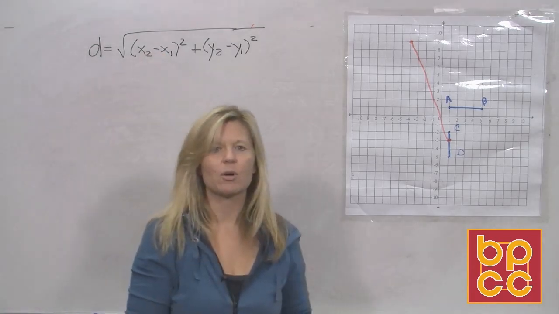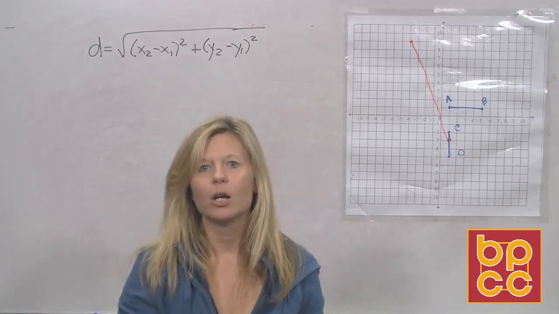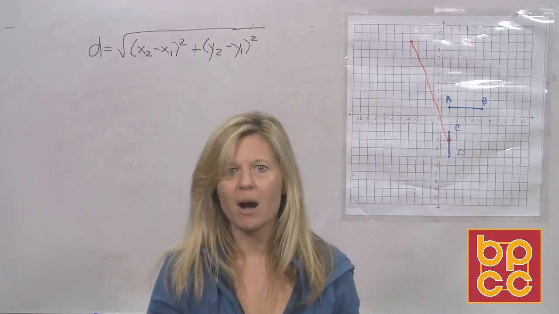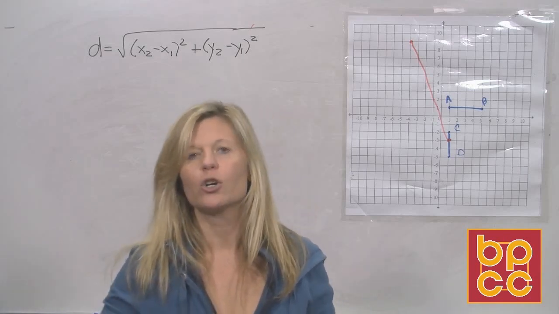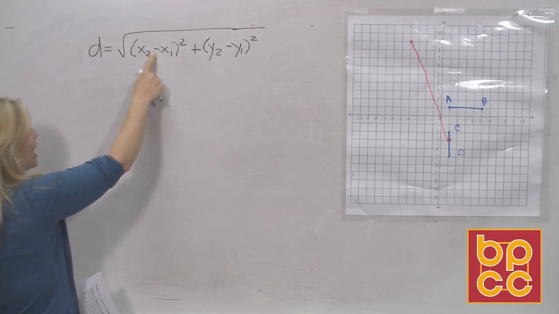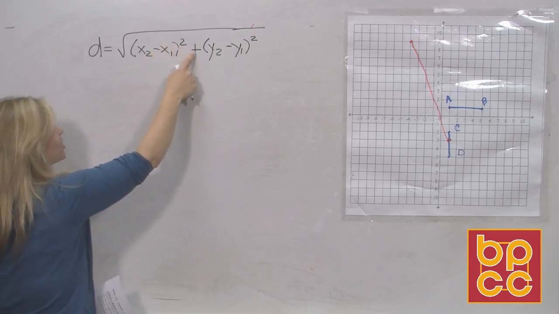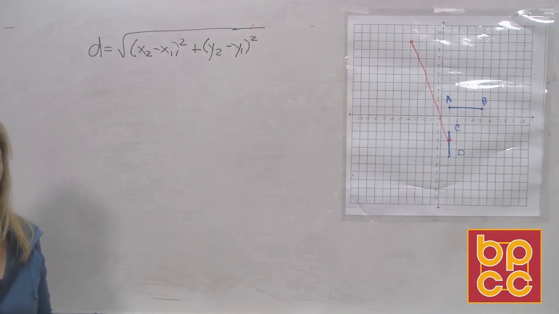The word for subtract in real life means change. Think about it. When you get back change from buying something, they subtract the numbers. If there's a change in the weather, you're subtracting numbers. So I memorize this as the change in x squared plus the change in y squared, because change means subtract.